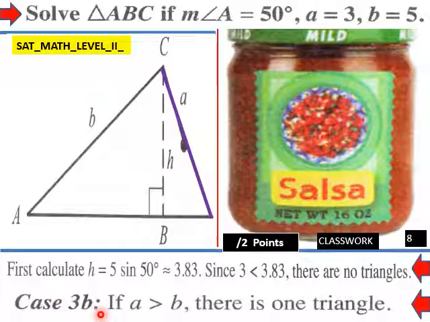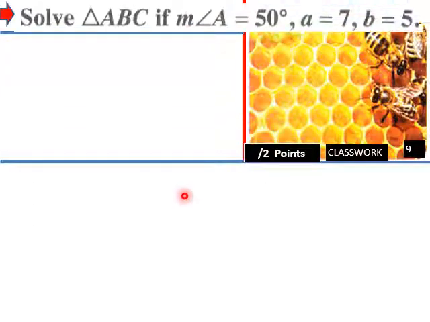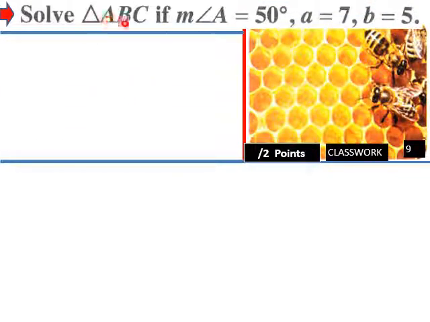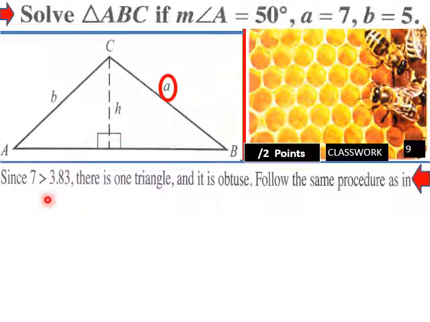Case 3B, if a is greater than b, so if a is greater than b down here, there is one triangle. So side a here, if it is greater than b, there is one triangle. Solve triangle ABC where the measure of A equals 50, a equals 7, and b equals 5. So we have this situation here.